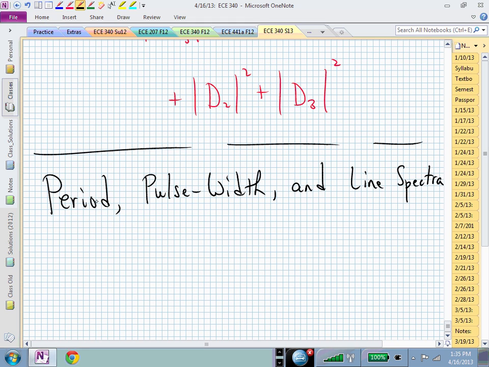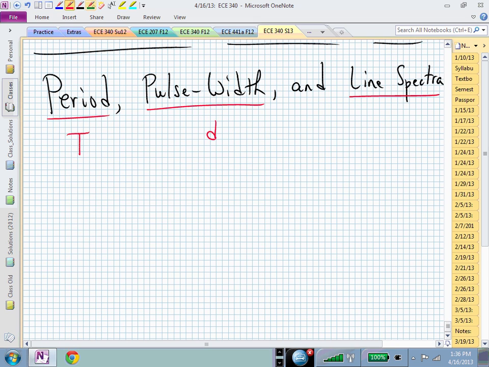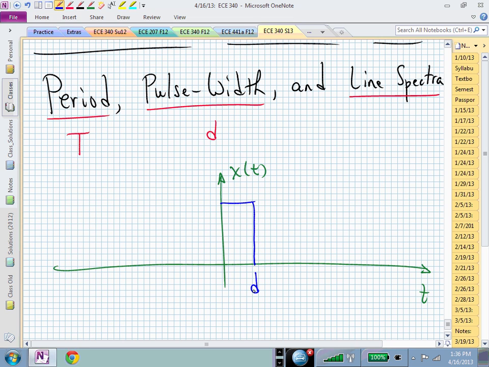We want to now look at how all of these influence each other. If we have a period, I'm going to make the pulse width D, and I'm going to talk about the line spectra. Here's the periodic waveform that I want to discuss. And this is in the time domain. This is now little x of t. And there's my pulse width. It's going to start at 0, and it's going to be on for a length of d.